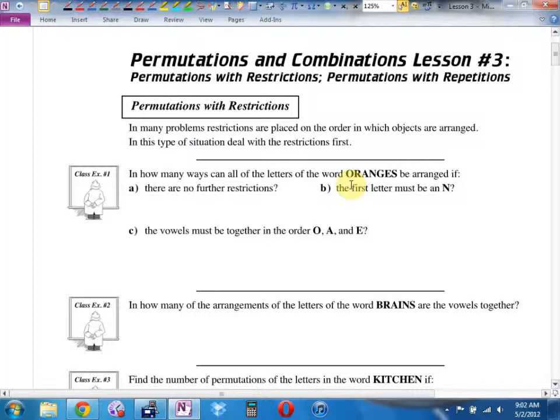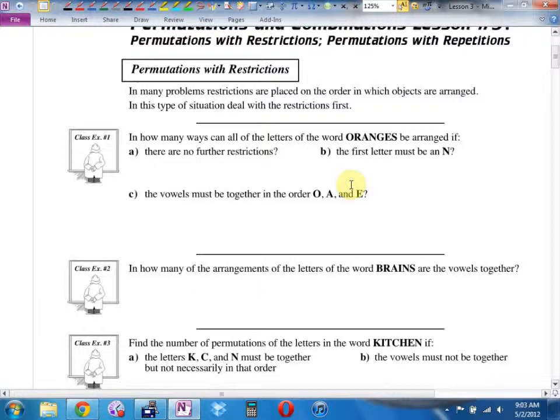We're going to go off on a bit of a tangent now. We're going to say, okay, what if they give me a permutation, but there is some kind of a restriction? This is where I'm going to fall back often on the fundamental counting principle and my Scrabble grab bag analogy. Number 1 says, how many different ways can all the letters of the word oranges be arranged if there are no further restrictions?